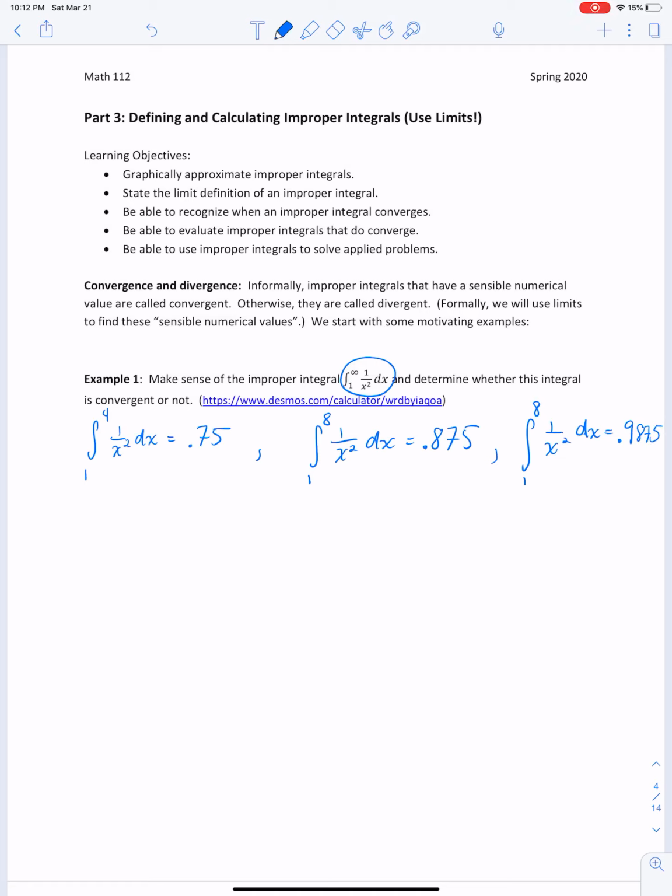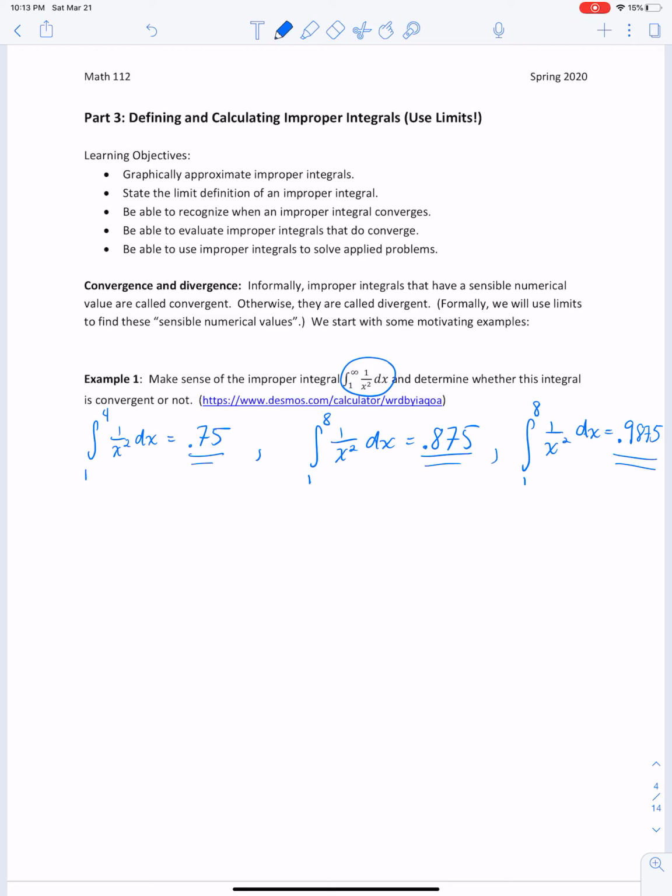Okay, and so what we might conjecture then is that as we increase the right endpoint of our interval, these quantities are getting closer and closer to the number 1.